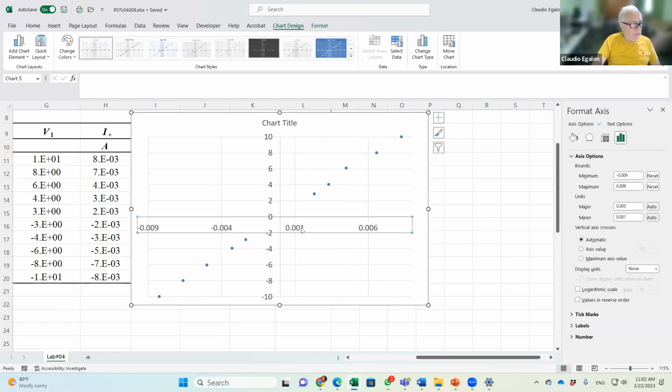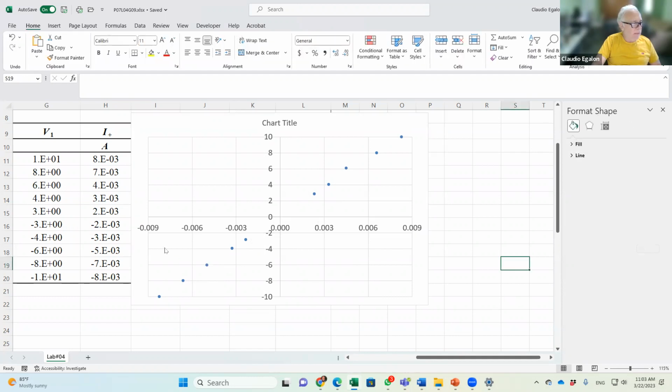And to get it right, I can also change the major unit. Oh, no, it's too much. Let's put 0.03. See how it becomes encroached? We choose the proper division and we get everything nicely. Start at minus 0.09 all the way up to 0.09. Don't forget to put the units, right?